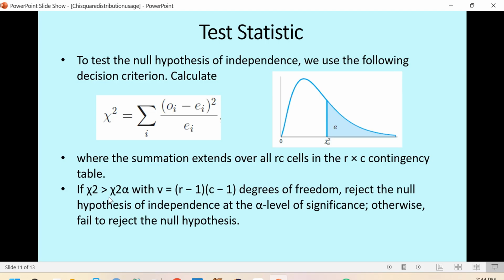This test statistic follows a chi-square distribution with 2 degrees of freedom if the null hypothesis is true. So if the null hypothesis saying that the two variables are independent is correct, then this statistic follows a chi-square distribution with 2 degrees of freedom.